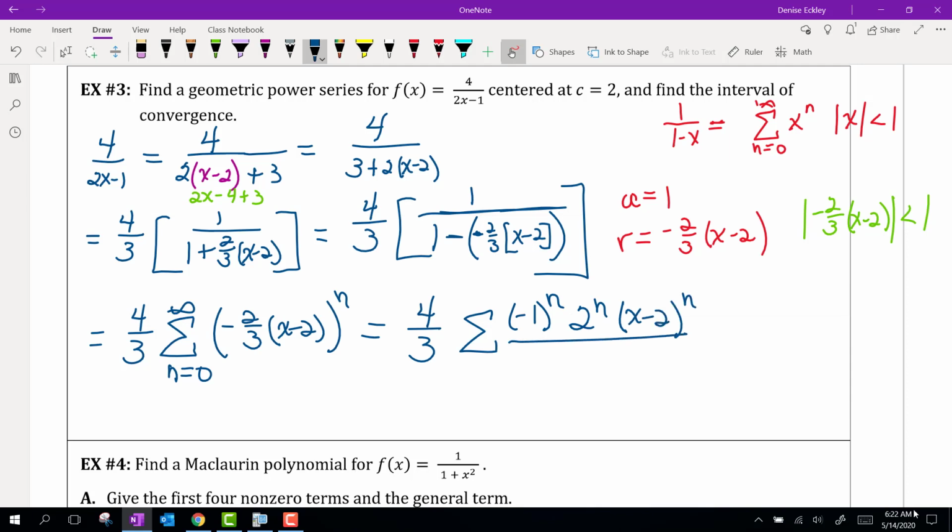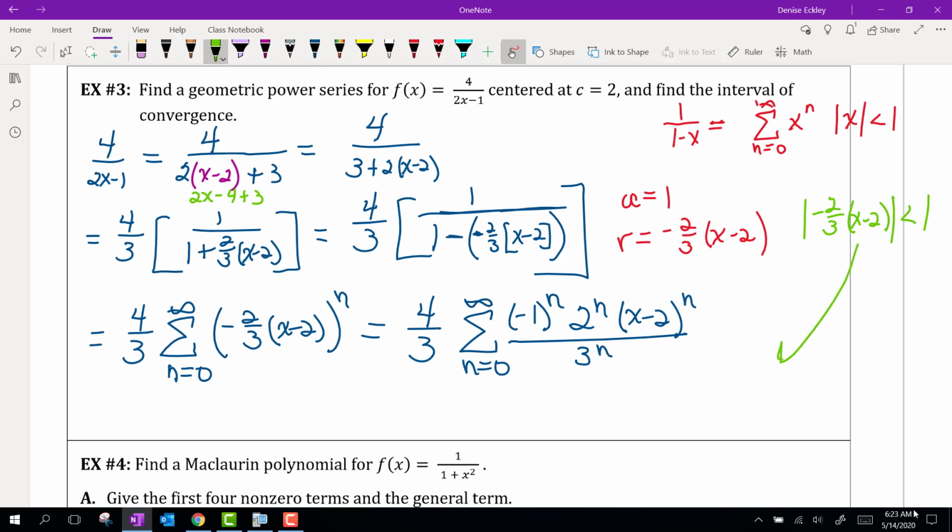And then in the denominator, we have 3 to the n. And the only thing I forgot was my limits of summation. And there is our power series. Now, if you want, you can distribute the 4 thirds in and make the denominator 3 to the n plus 1 if you want.